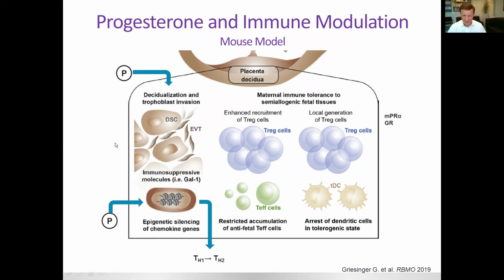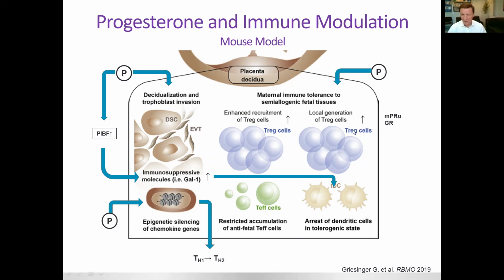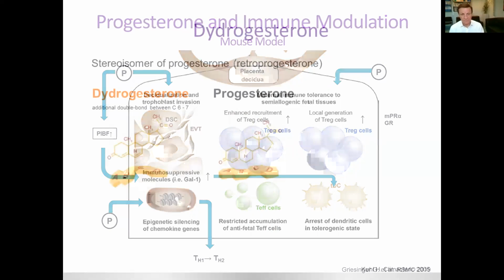Progesterone induces the progesterone-induced blocking factor, and that, for instance, has an immunosuppressive effect. Galectin, for instance, is upregulated, and this has been shown to arrest local dendritic cells. And progesterone also influences maternal immune tolerance, for instance, by upregulating the T regulatory cells within the endometrium, and there is also an enhanced recruitment of these cells, and altogether this leads to a specific immune modulation that is necessary for successful implantation.